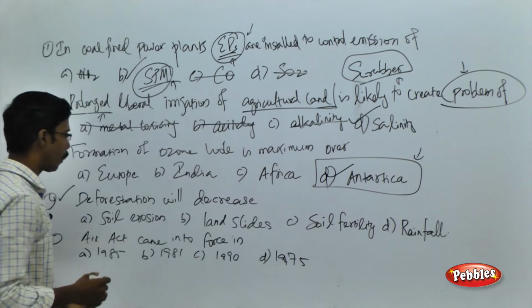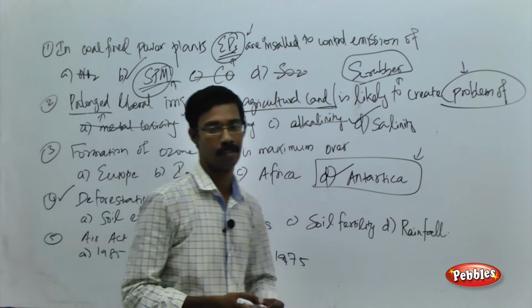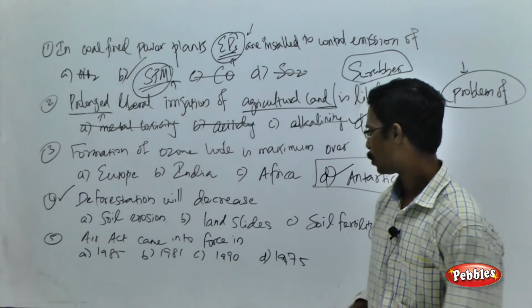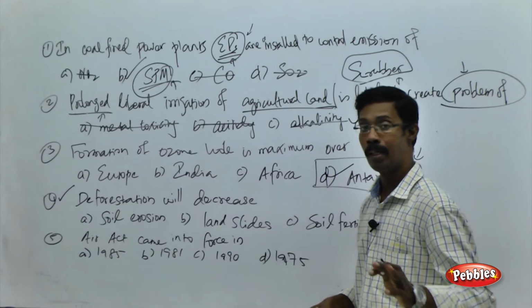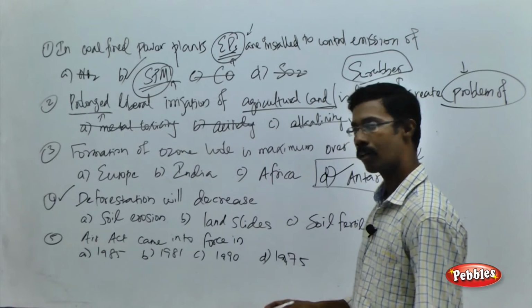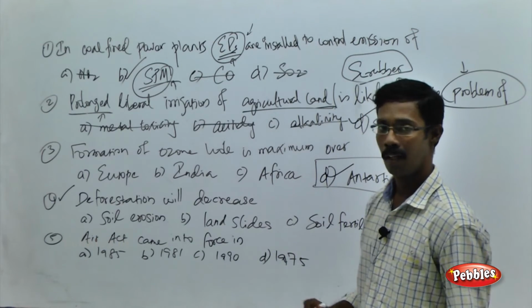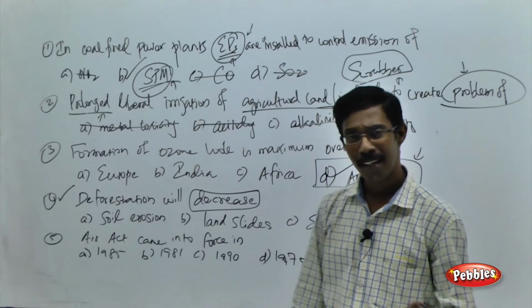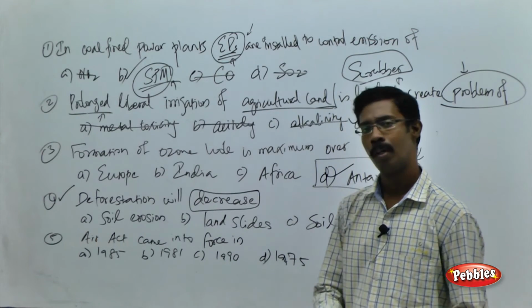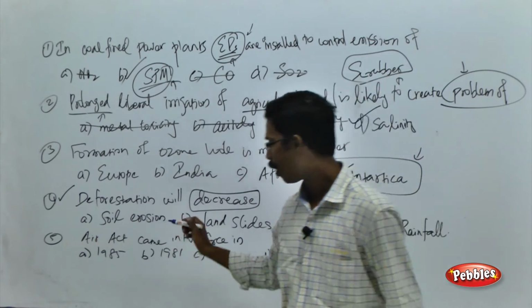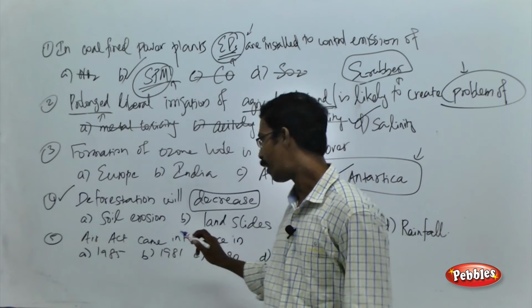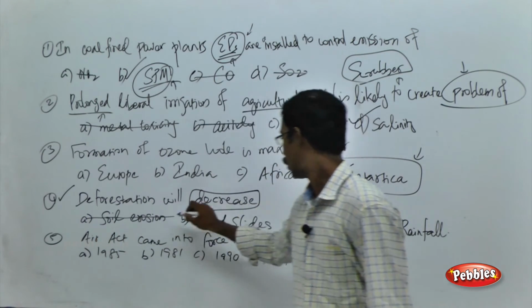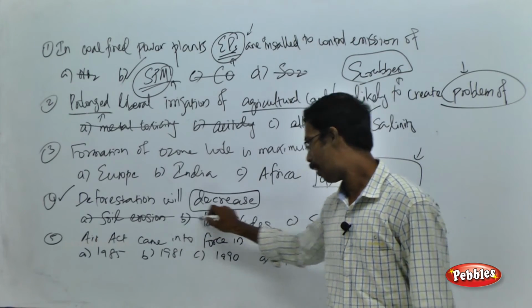See the next question. Deforestation will decrease. This is also a very easy question. What will be the major effect of deforestation? Deforestation will decrease, and this is the point where you are not supposed to get confused. Because of deforestation, soil erosion will increase and landslides will increase.